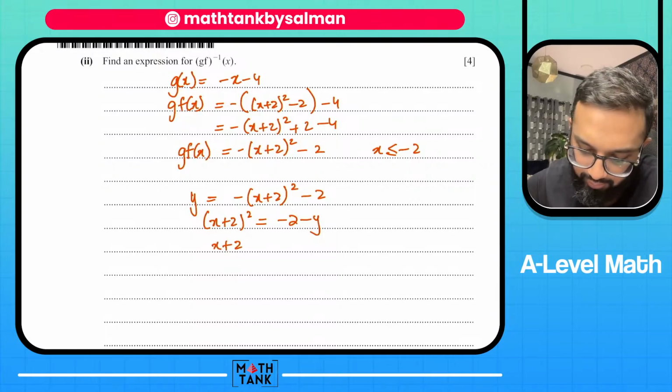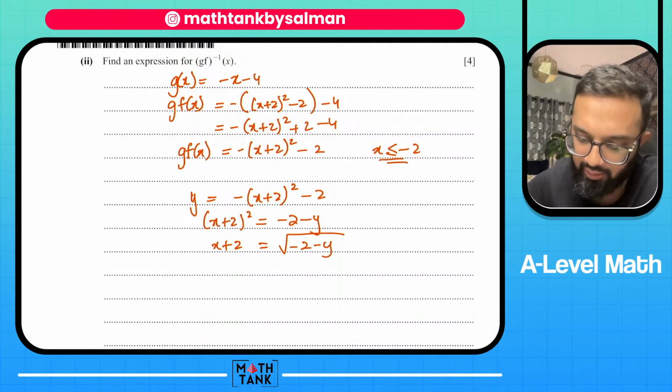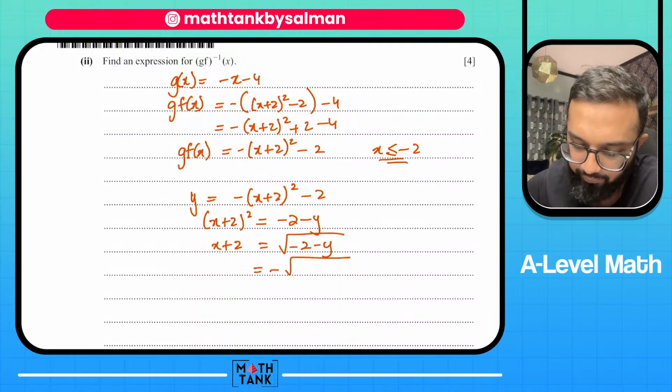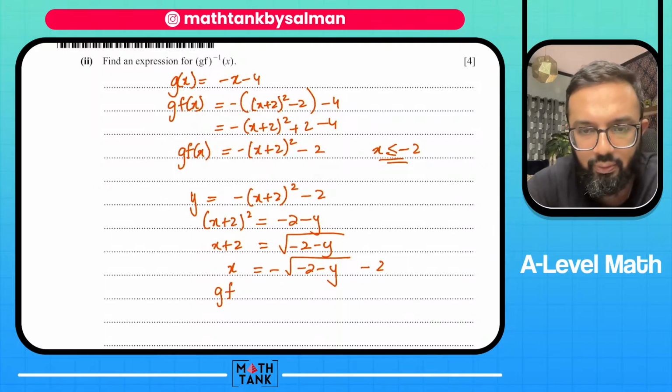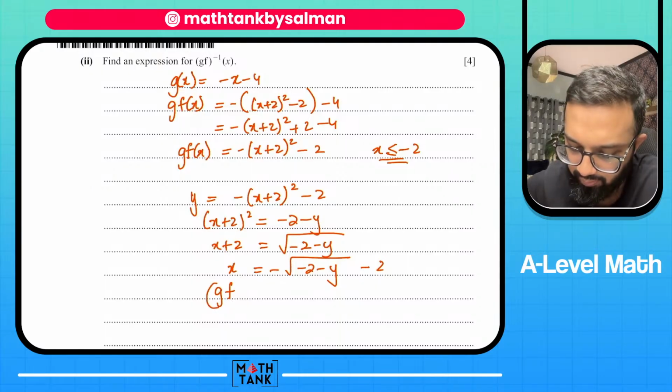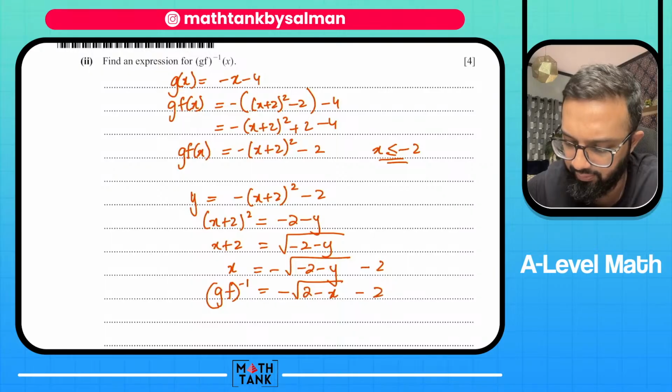Put a root, decide whether I want a plus or a minus. I again want a minus outside. Okay, and then I move this to this side as well. So gf inverse is going to be similar to this, and it's going to be minus root of 2 minus x, minus 2.